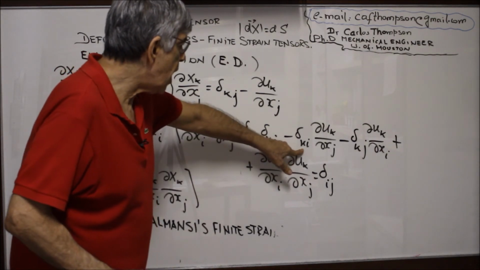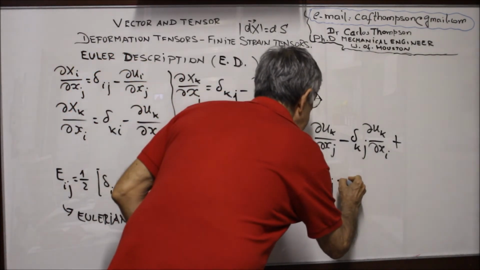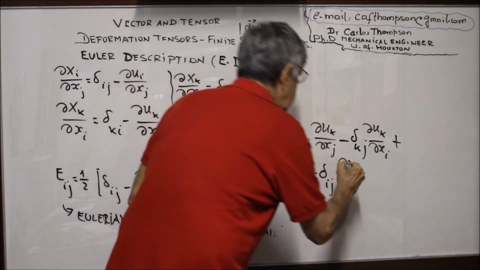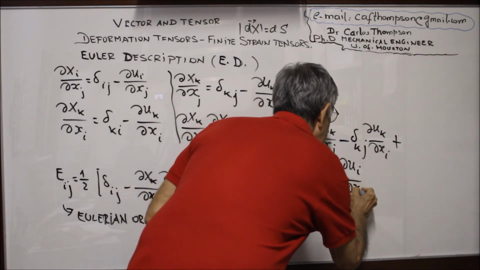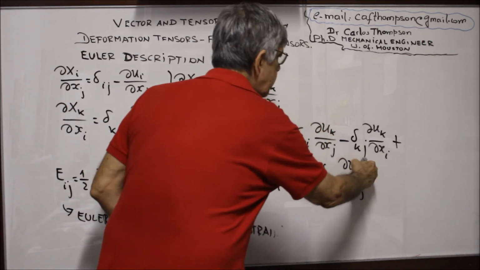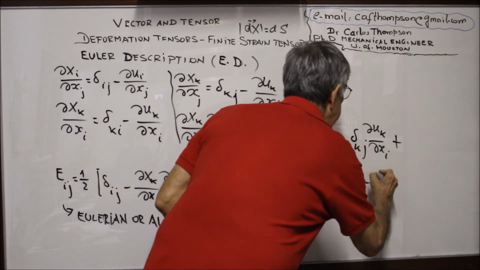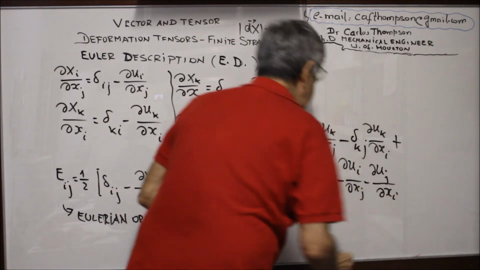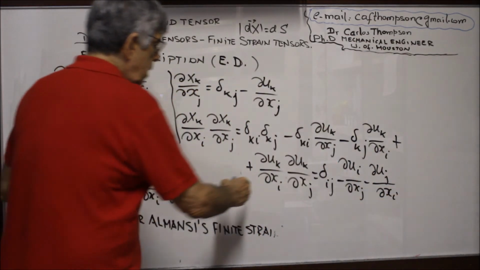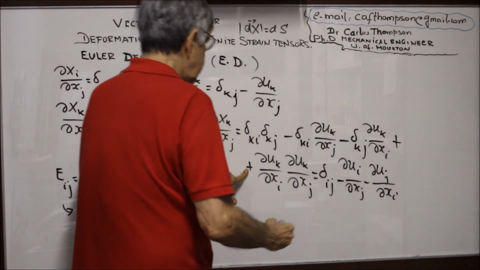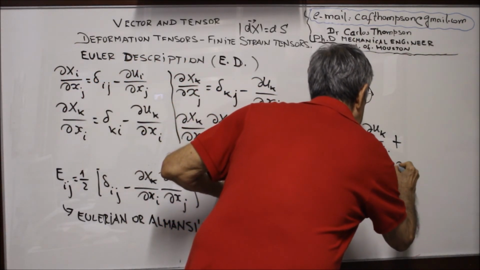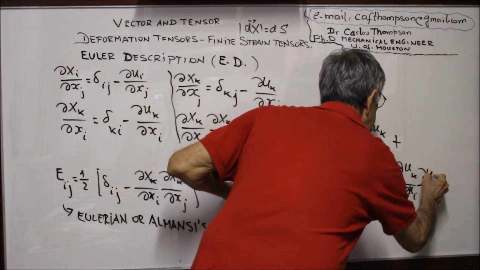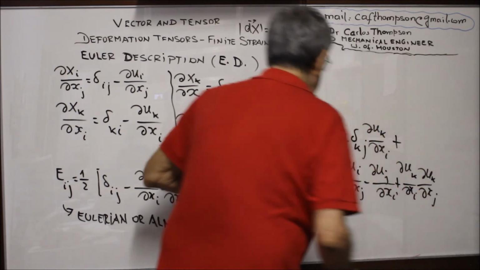Now, delta ki, this will be minus partial derivative of, you see, you move k and put i, ui with respect to xj, minus delta kj, this will be partial of uj with respect to xi. Now, here, this one, I repeat this one, you see, plus partial of uk with respect to xi, partial of uk with respect to xj.